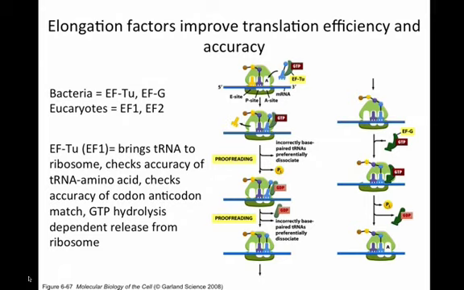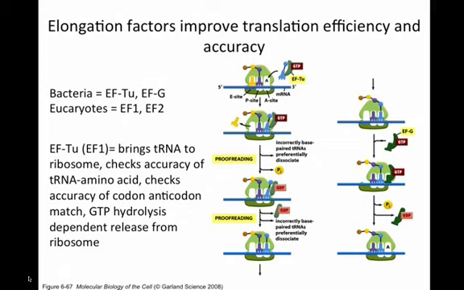And so EF-Tu actually brings in the tRNA to the ribosome. So you can see it's this little moon thing bound to the tRNA, bound to that amino acid, and helps to bring it to the A site.